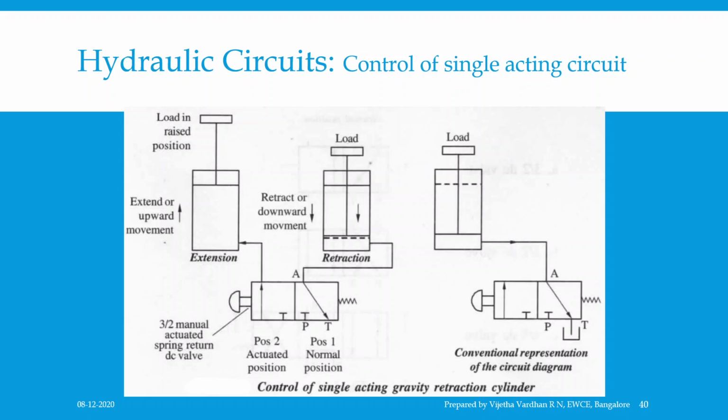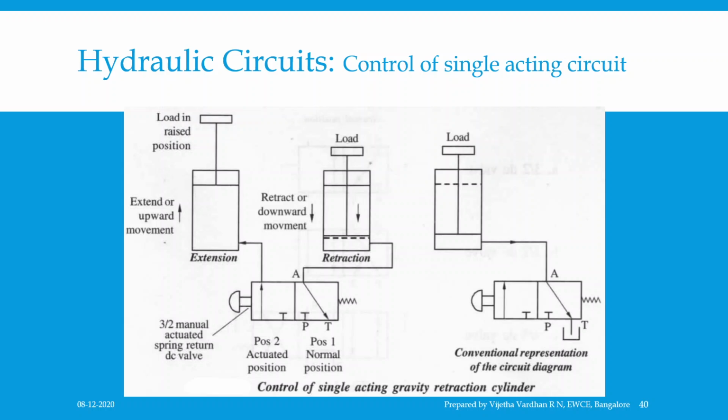Initially, the DC valve will be in the normal position, that is position number 1, which you can see in the figure over here. In this position of the valve, pump port P is blocked and A is connected to T and the cylinder is in the retracted position.